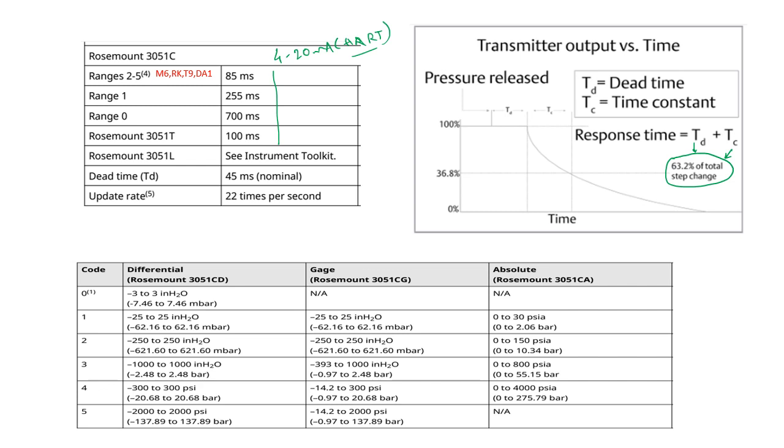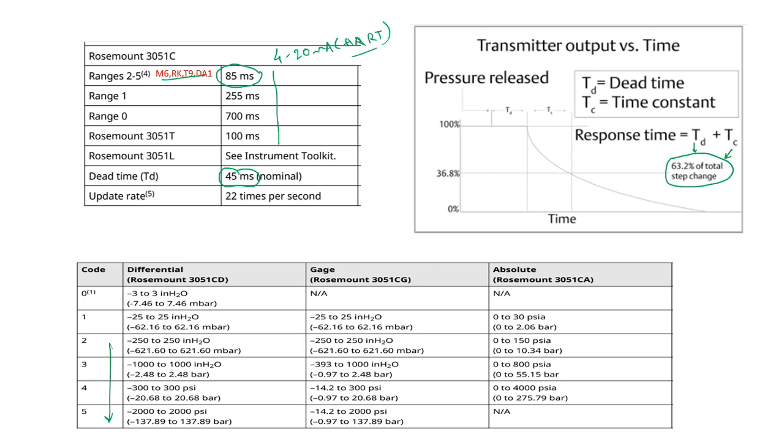As you can see, for ranges 2 to 5, with the option codes M6, RKT9 and DA1, the response time comes around 85 milliseconds. This is basically your time constant, and you have to add the dead time here, which is 45 milliseconds.